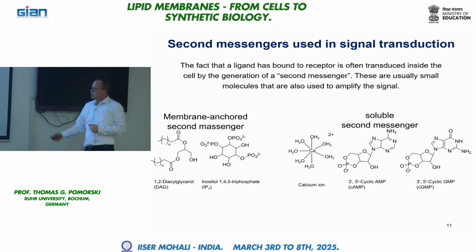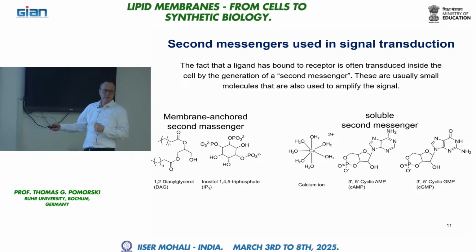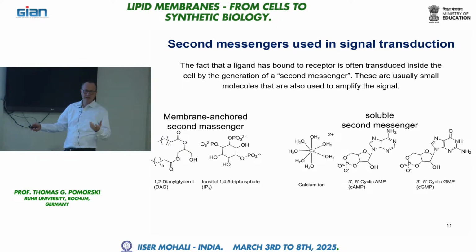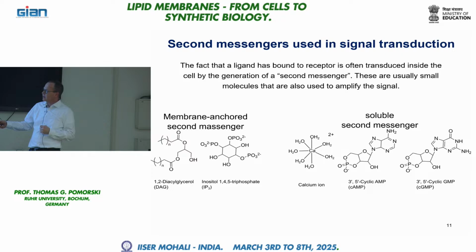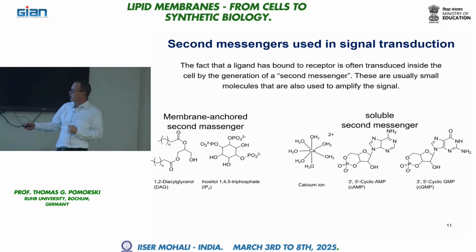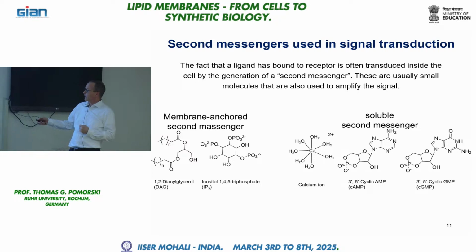Then another important aspect is that cells inside also use signals, so-called intracellular signals, second messengers. And those can be of very different flavor. It can be membrane-anchored second messengers that are produced after a signaling process, or it could be soluble second messengers.